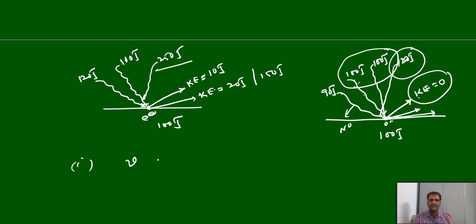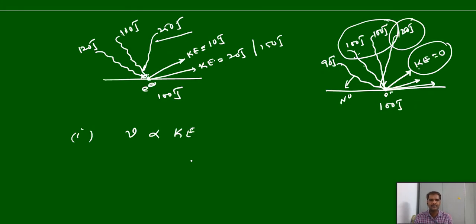So from this we can write these two relations. Frequency is directly proportional to kinetic energy. As the frequency increases, kinetic energy increases, keeping the intensity constant. And in the second case, by keeping the frequency of the radiation constant, if we increase the intensity I, then the number of electrons ejected increases.